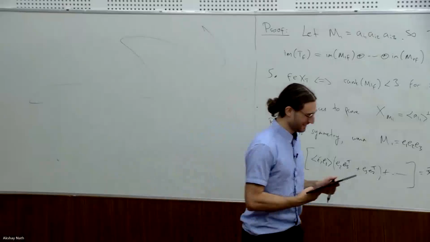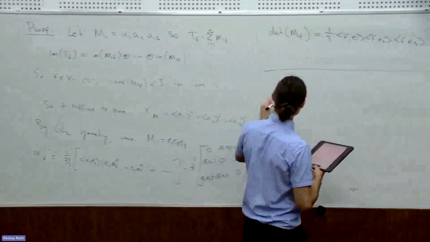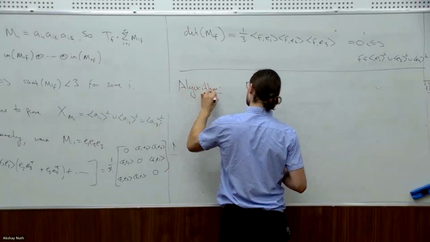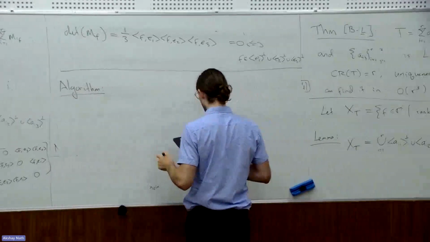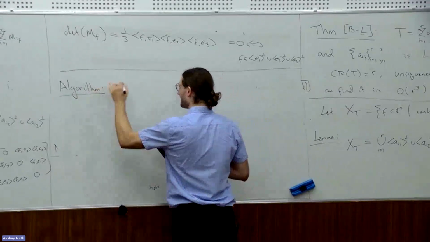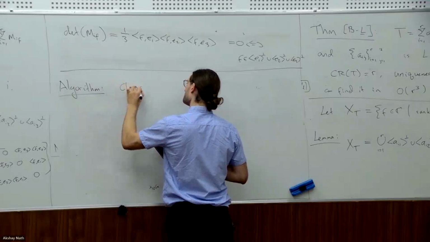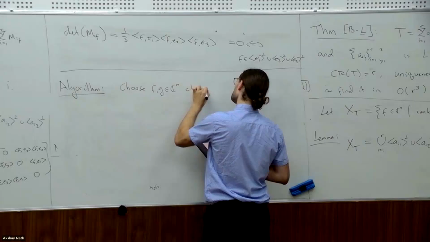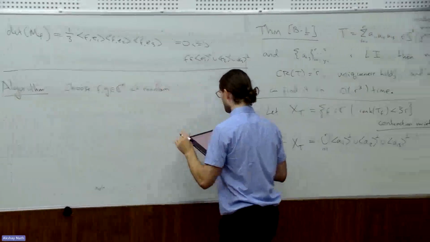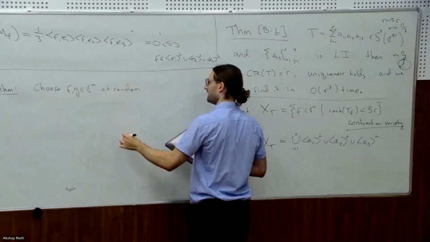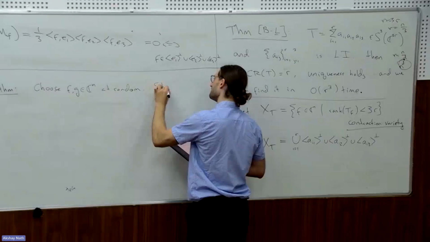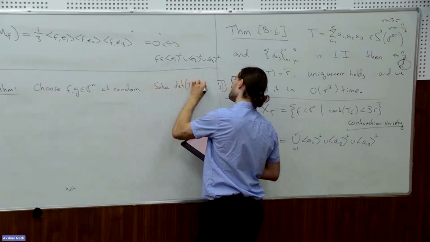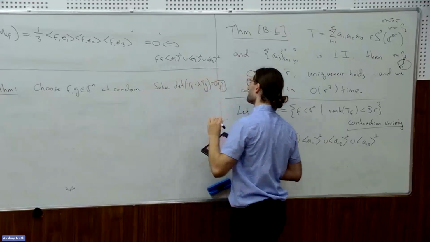But okay, so here's the algorithm. Again, you choose F and G at random. And then you do the same thing as before: solve the determinant of TF minus lambda TG equals 0.